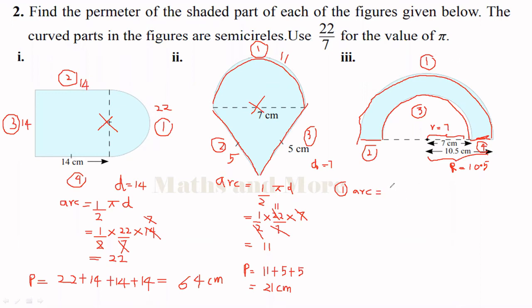Semicircle, so half should be there, half into 2 pi r, if radius is given.